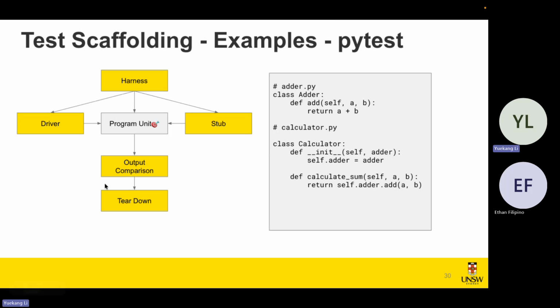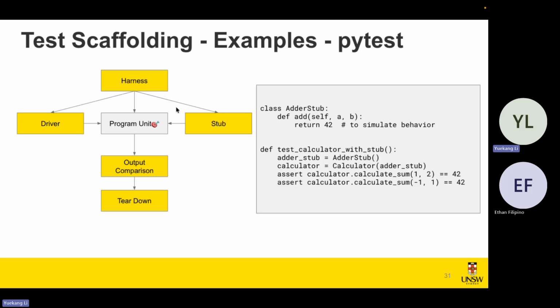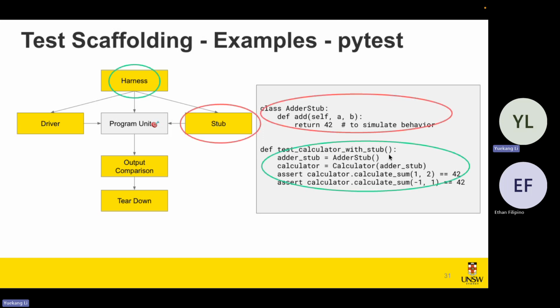So you can see this is an example of PyTest. Can we identify some key structures, like the correspondence between the structure and the actual code? So this is another example. Let's say we would like to test this add here. Then the entirety of this test calculator with stub is considered as the harness.